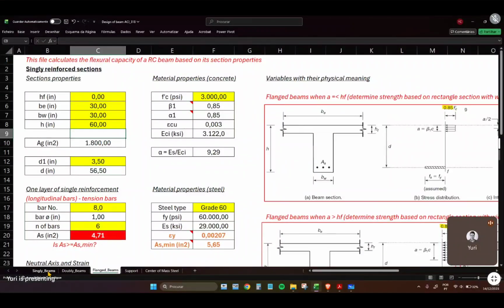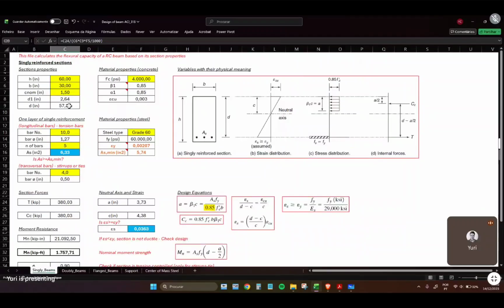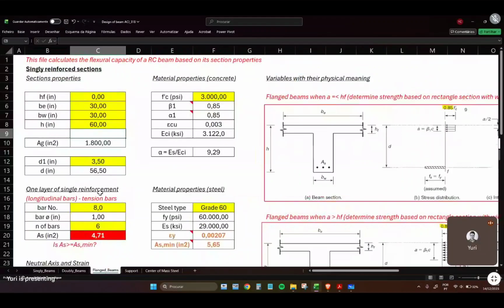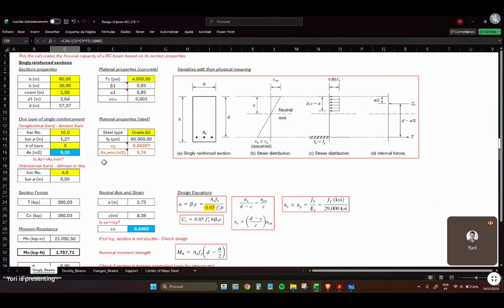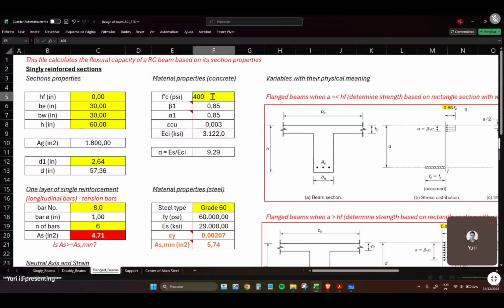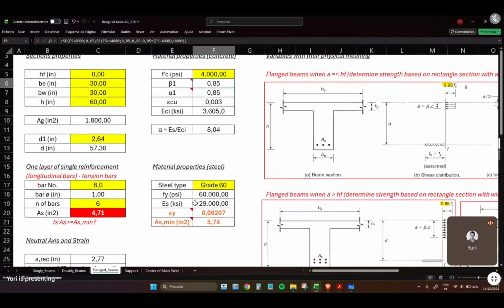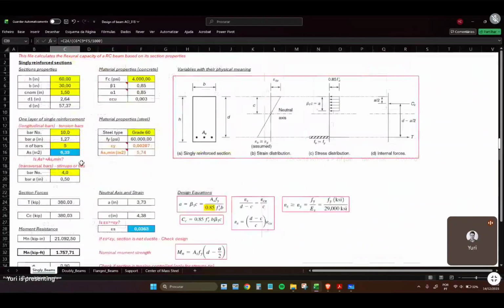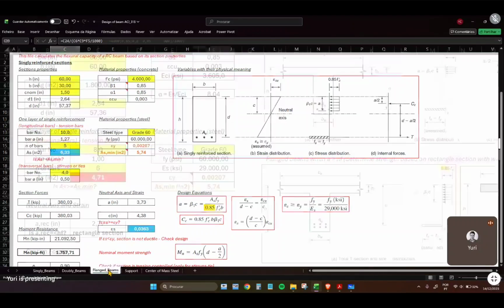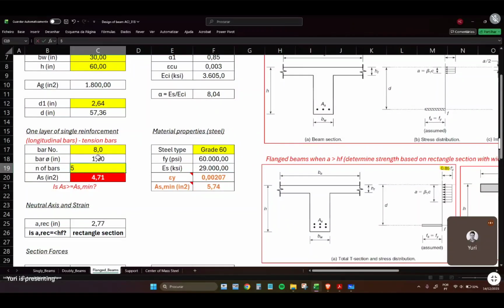Okay, so distance D1 in the exercise was 2.64. And then the steel was 4,000 psi concrete, grade 60 steel, and the section had 5 number 10 bars.